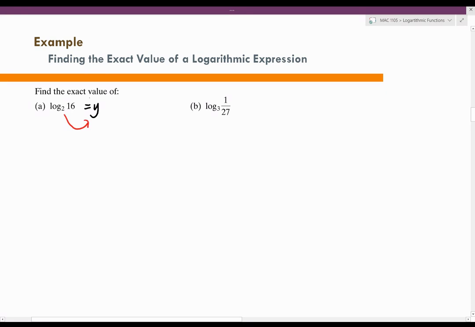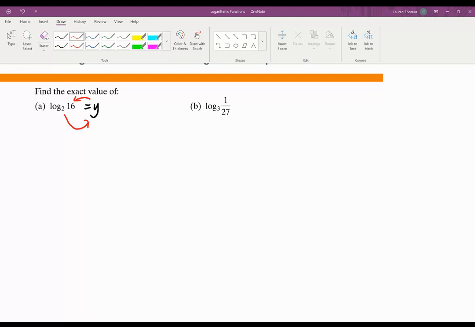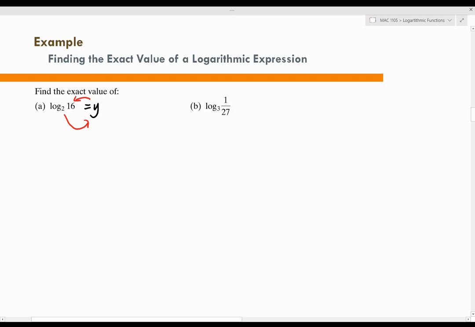It would be 2 to the y equals 16. Now this is an exponential equation that we can solve. We learned that if we're solving exponential equations for the variable, we have this rule: a to the u equals a to the v if u equals v.